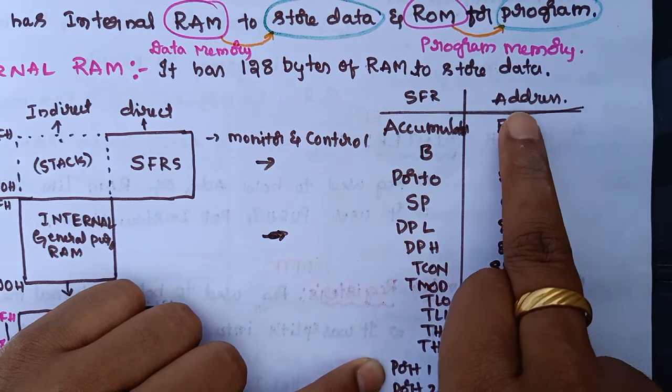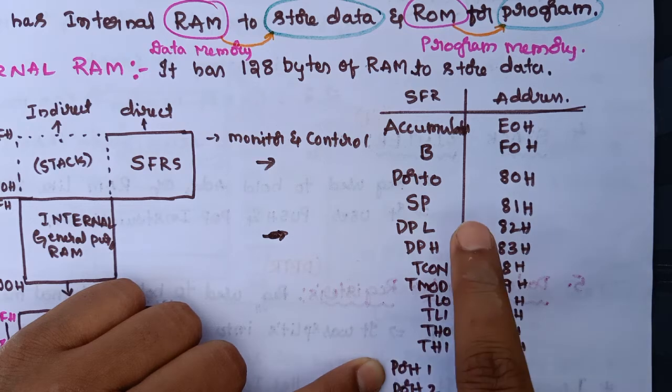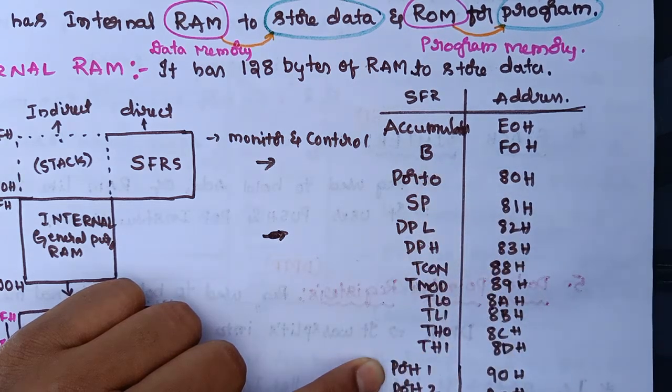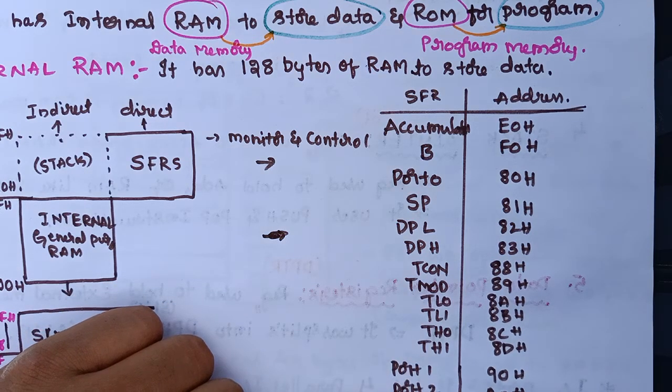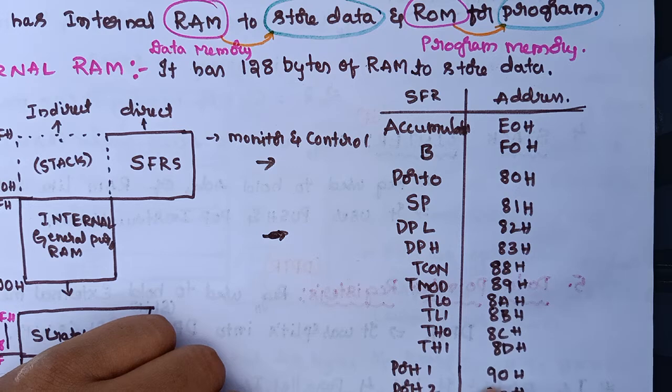So these RAM memory locations are dedicated for the special function register applications. Port 0, port 1, port 2, port 3 use the locations 80, 90, A0, B0, and for serial communication, SBUF is at location 99, SCON at 98, PCON at 87.